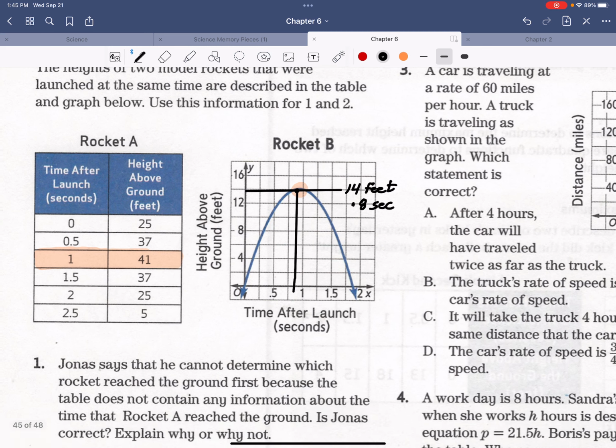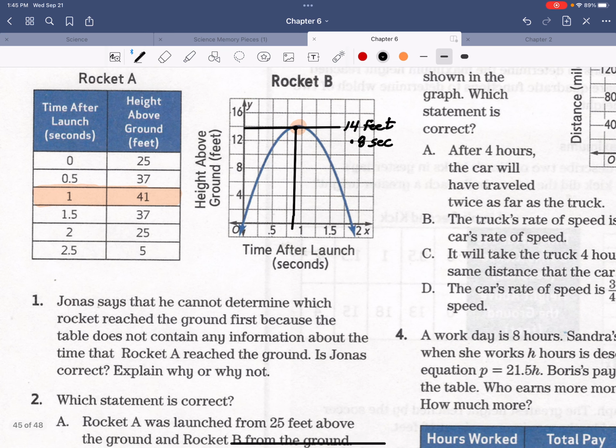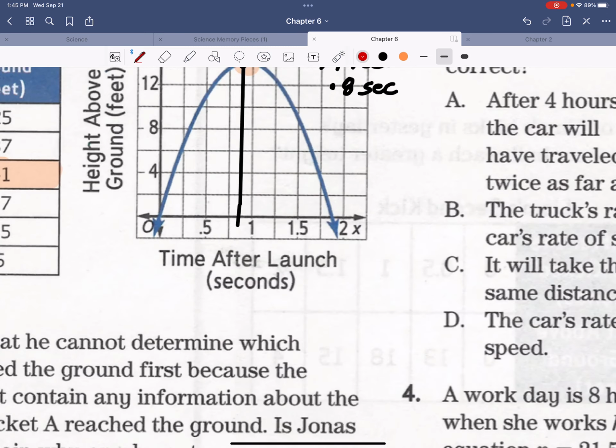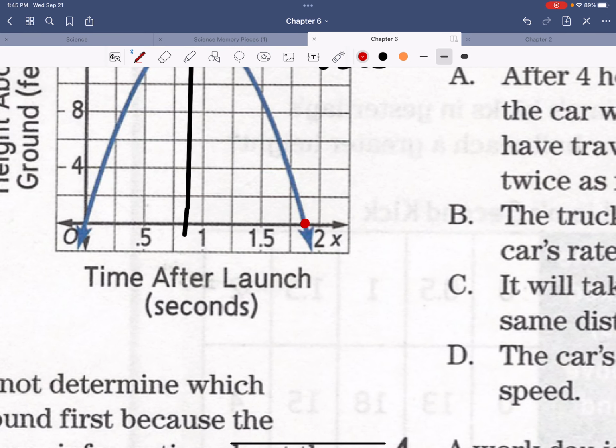All right, number 1. Jonas says that he cannot determine which rocket reached the ground first because the table does not contain any information about the time rocket A reached the ground. Is Jonas correct? Why or why not? Well, I can tell you easily when rocket B hit the ground, because right here it is.